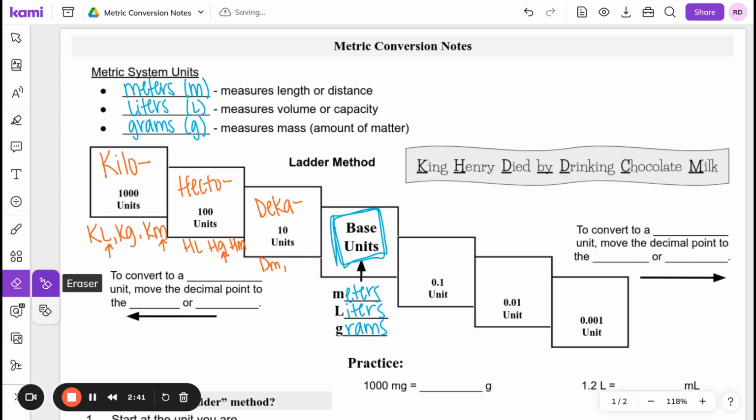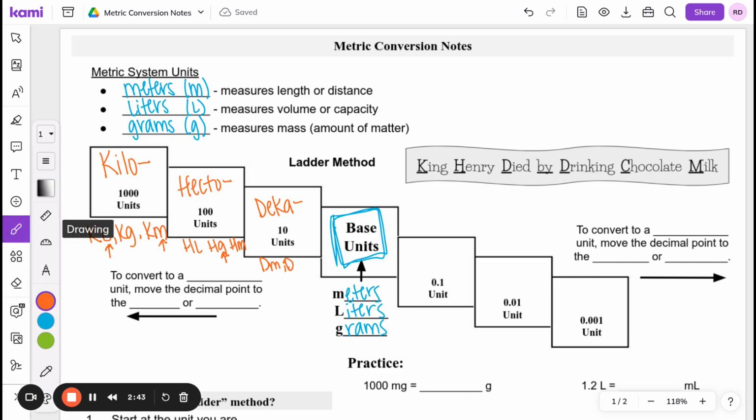Decaliter. And so on. From here, after the base units, so again, these are bases or units of 1, we're now getting less than 1. So this is a deci, so decimeter, deciliter. Okay, this should sound familiar, like a decimal.